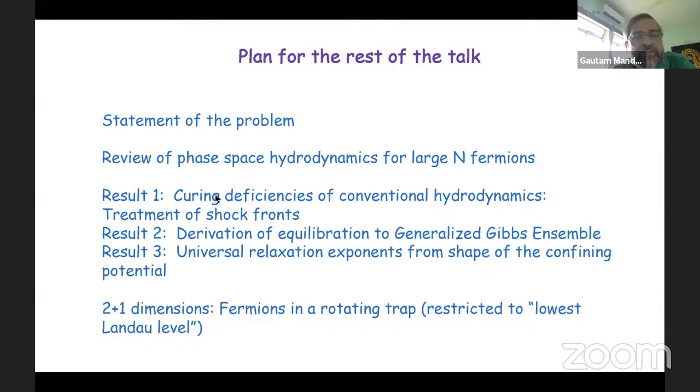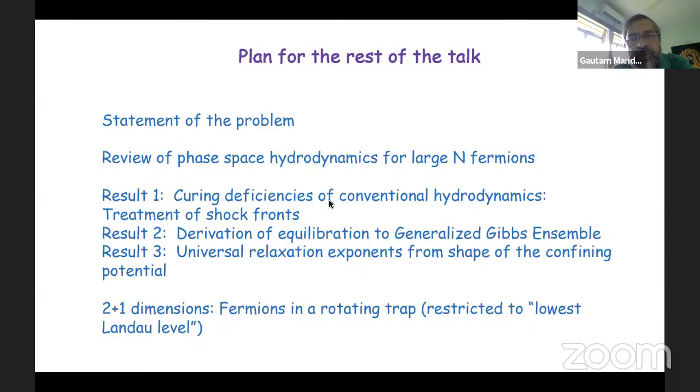I'll mention three results. One is that the conventional hydrodynamics methods, which were tried by the condensed matter StatMech community to address the long-term evolution of these fermions in 1+1 dimension in particular, were stuck with the development of shock fronts, which caused conventional hydrodynamics to stop.